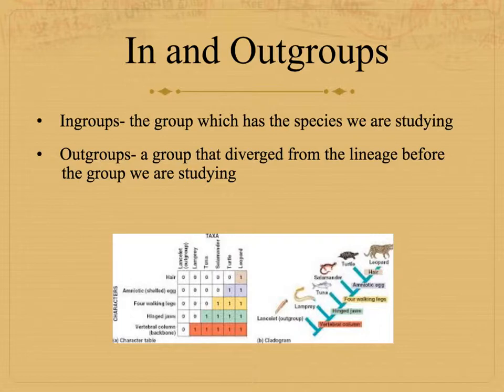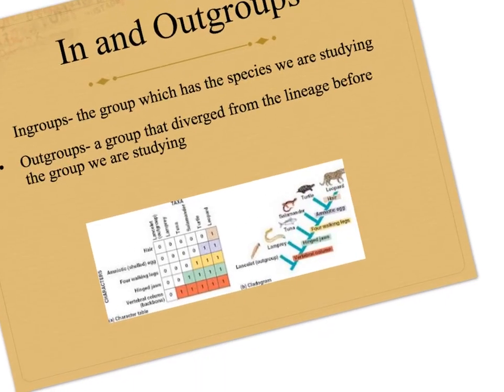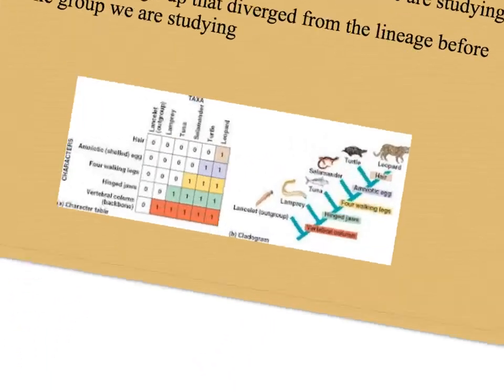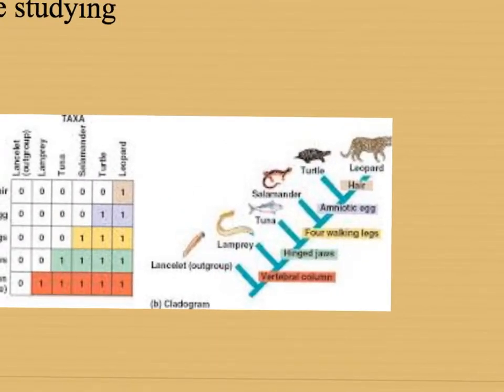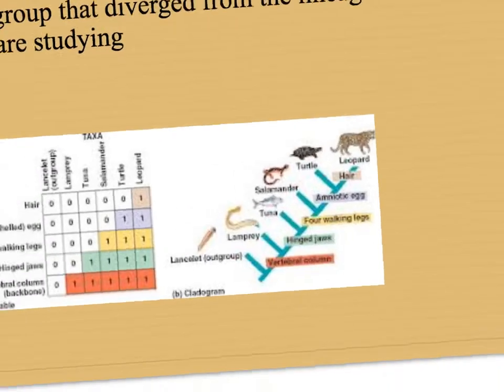And we have to decide first which are going to be the in and the out groups. The in groups are the group which has the species we're studying. Okay, so in our example here, make this bigger, we have leopards, turtles, salamanders, tuna, lampreys, and lancelets.